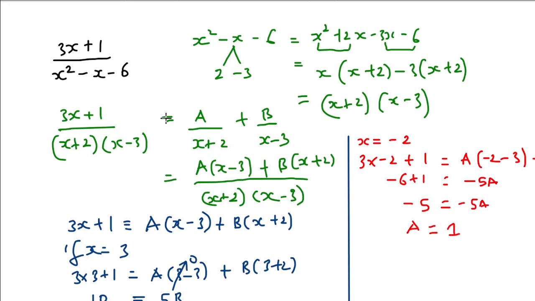So it means this partial fraction here, the 3x plus 1 over x squared minus x minus 6, will be equal to my a, which is 1 over x plus 2, and my b, which is 2 over x minus 3. Alright, so once we get this, we substitute it back in the other expression that we initially got.